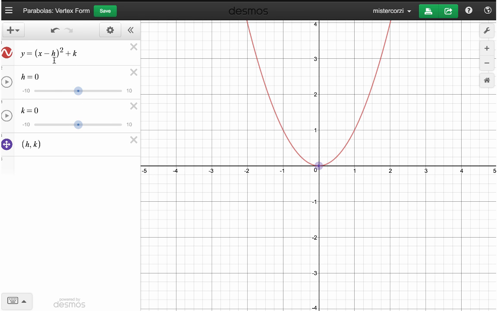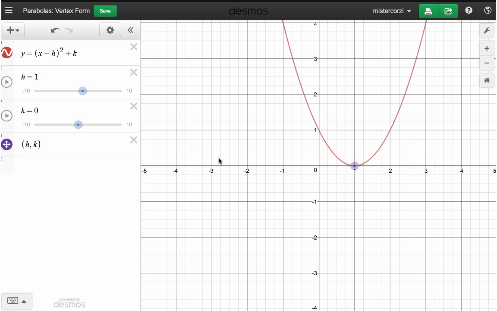Now let's have a look at the effect of subtracting a number from x. So let's move the value h to 1. You notice as I change the value of h from 0 to 1, the graph moves to the right.